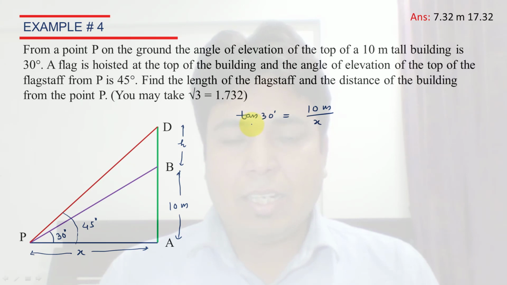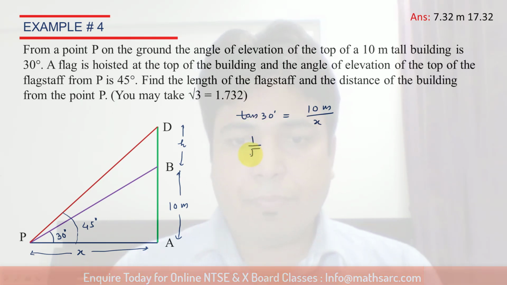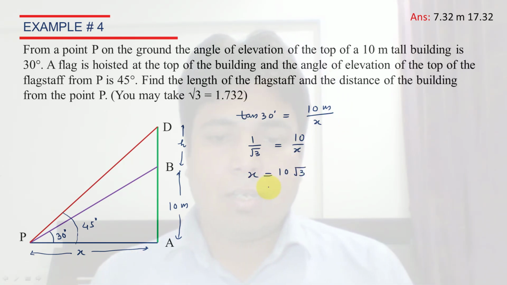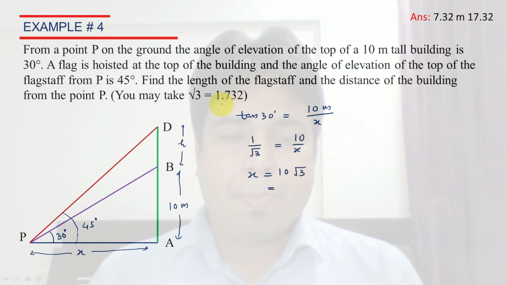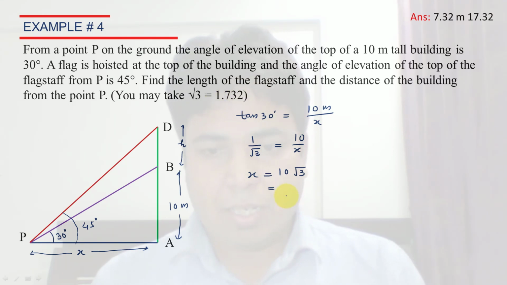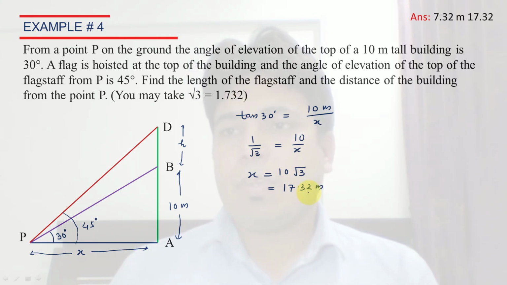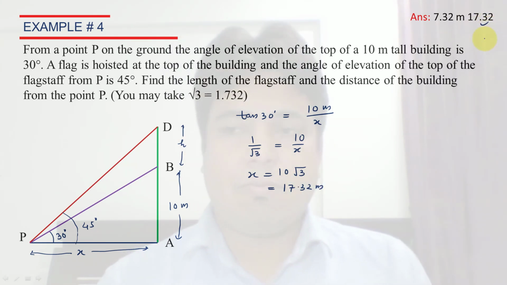So tan 30 is 1 upon root 3, hence this is equal to 10 upon X. So X is equal to 10 root 3, and root 3 is equal to 1.732. If we multiply by 10, this becomes 17.32 meter, and that is the answer, one answer.